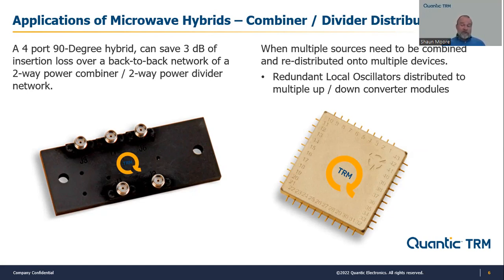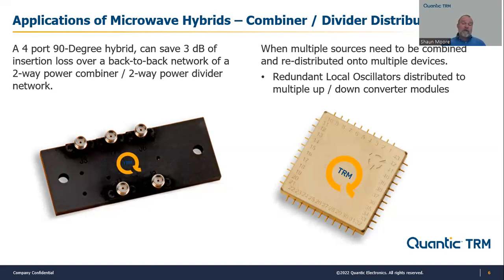Now, the beauty of this is that if you're going from multiple inputs to multiple outputs, you don't have to combine the signal right down to a single output for the combiner. You can actually start to redivide it as soon as you make that initial hybrid. That saves you 3 dB for the power combining loss.